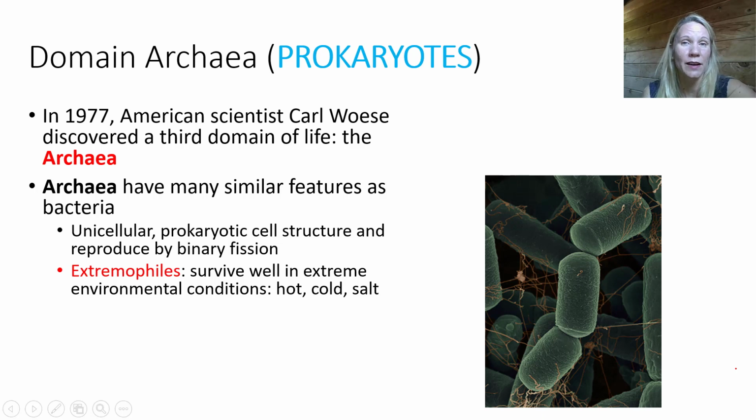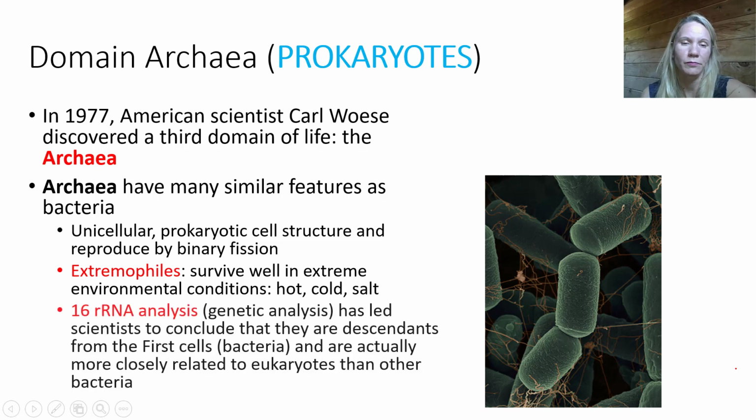We call the ability to survive in extreme environments being an extremophile. So they are known as extremophiles, surviving in extremely hot or cold or salty conditions. Although that's not their only location.